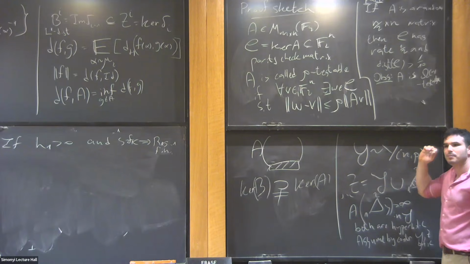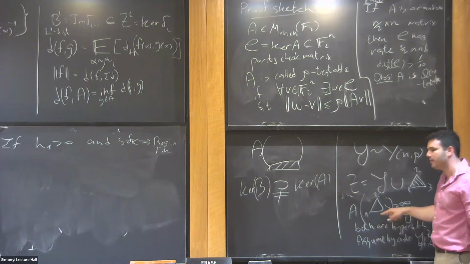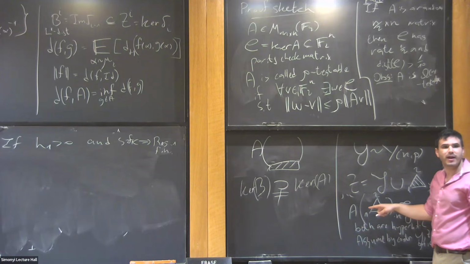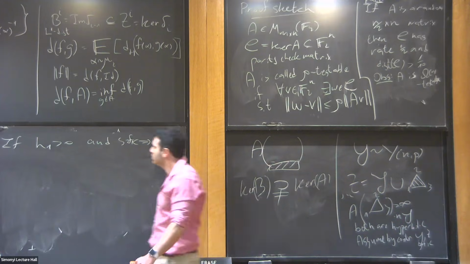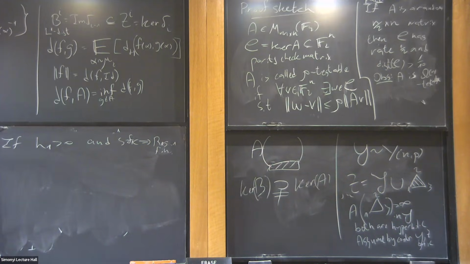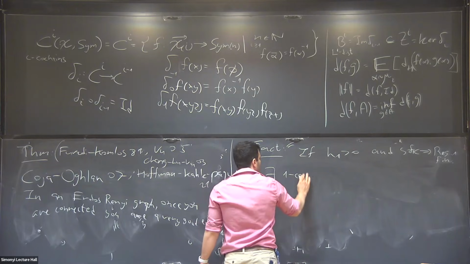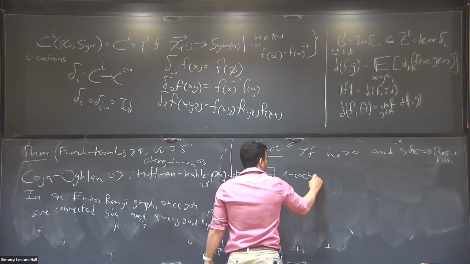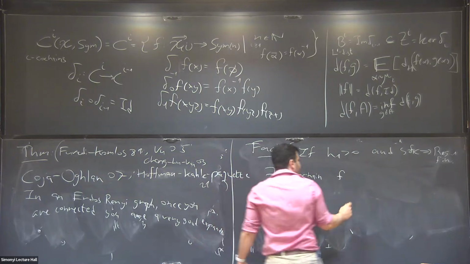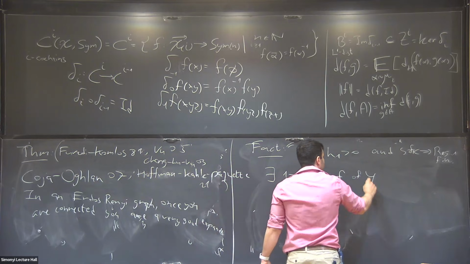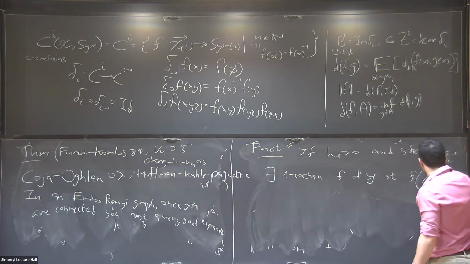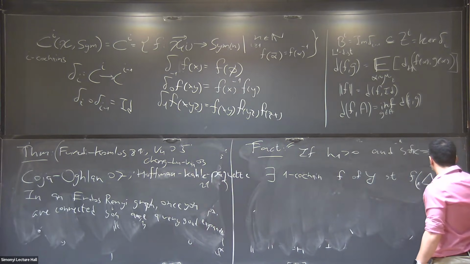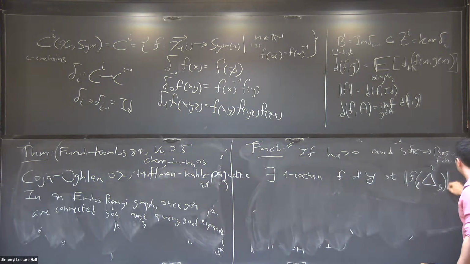Think about it. Being residually finite means that for this path in Y, there is some finite covering space of it where the norm of this path is 1. Okay, so there exists some one cochain f of Y such that the norm of f of 1 to 3 is 1.